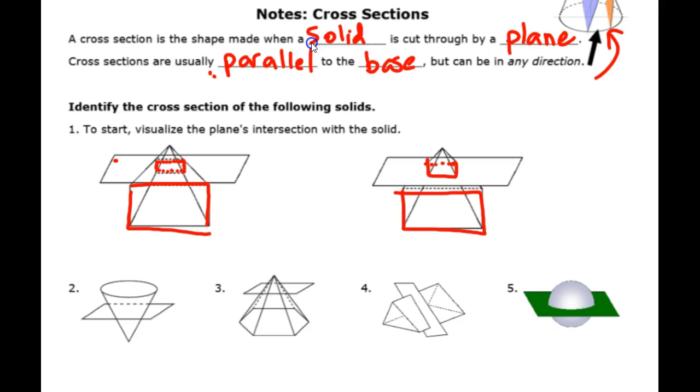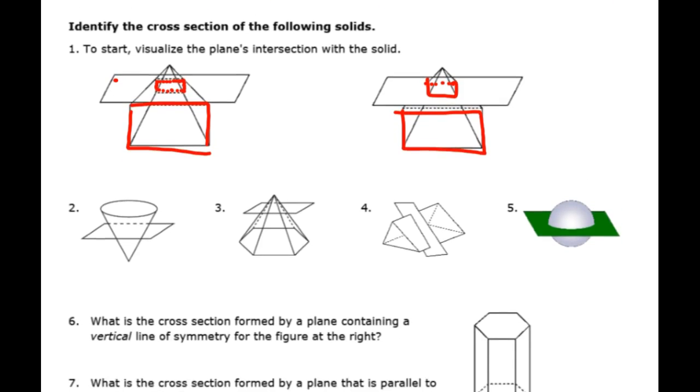So, number two. Now, again, the concept, actually first, let's answer number one. The answer was what? What is the cross section we got? We'll call it a rectangle, okay? Again, you take the 3D shape, you do the cross section, and then you tell me the name of that 2D figure when you slice it, right?